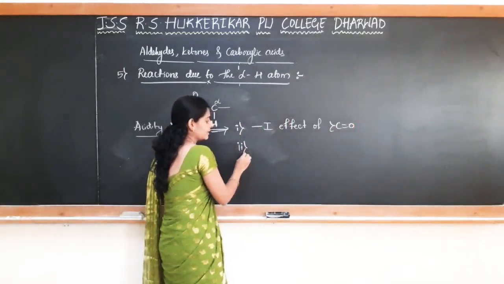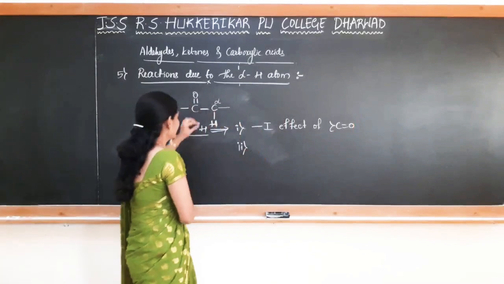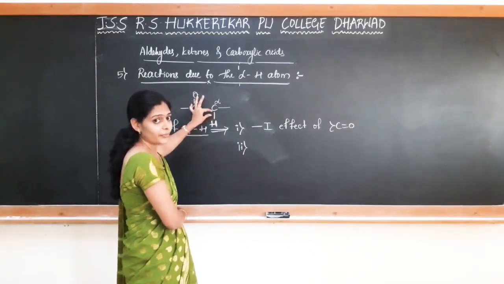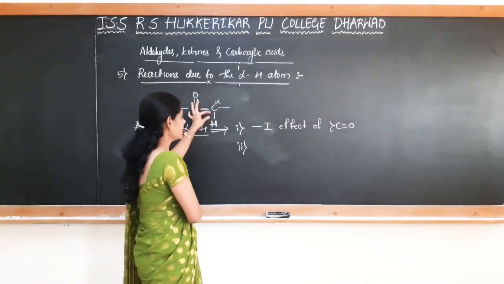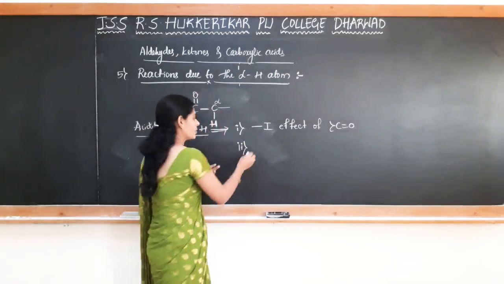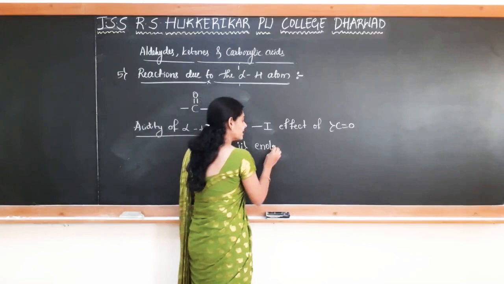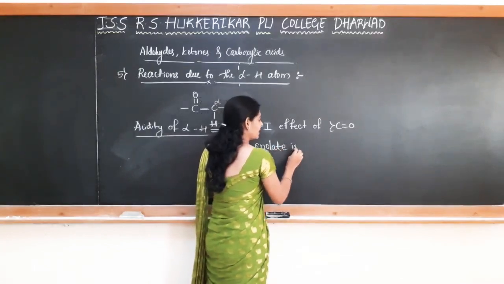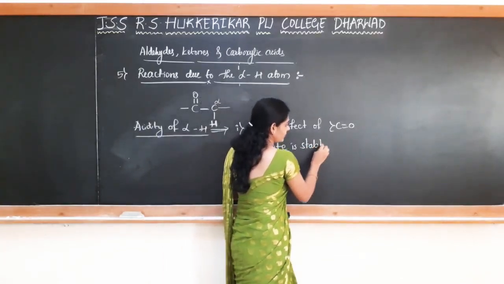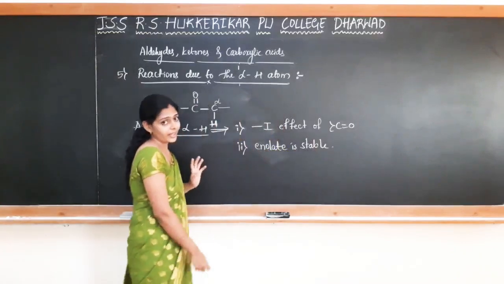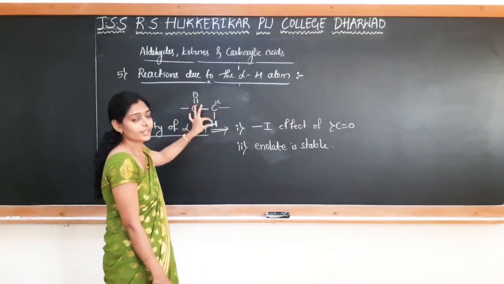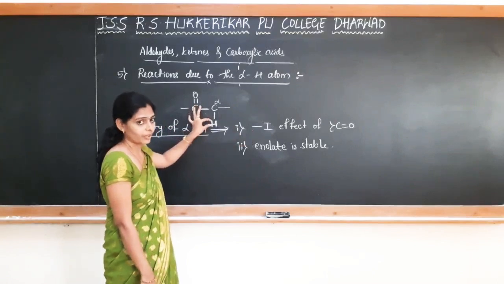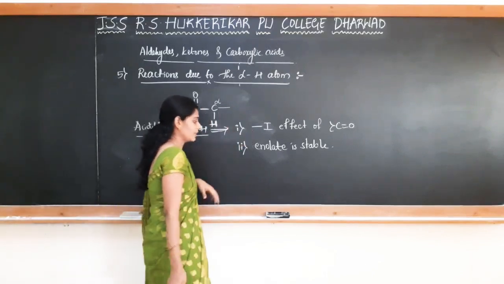And the second reason is the carbanion formed by the loss of this alpha hydrogen as a proton, which is called as enolate ion, is stabilized by resonance. So because of these two reasons, this alpha hydrogen is showing acidic property. Okay, so how it shows acidic property we'll see now.